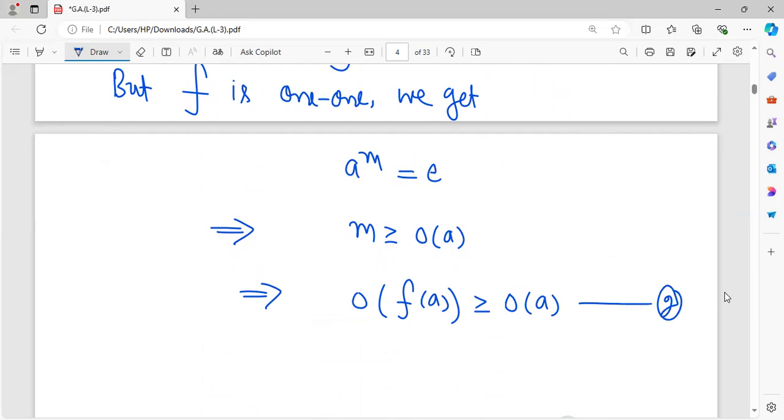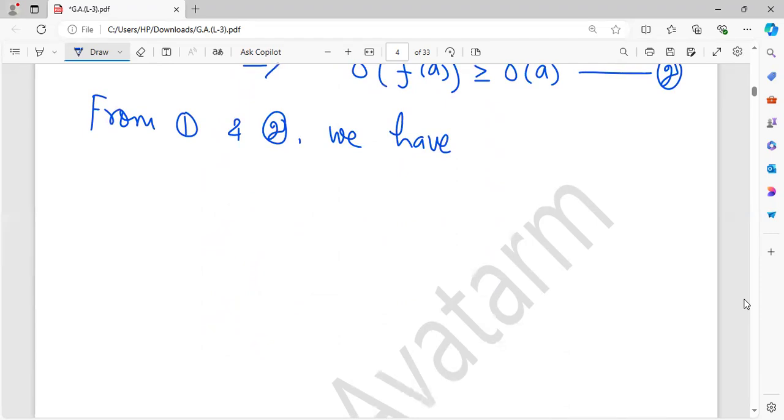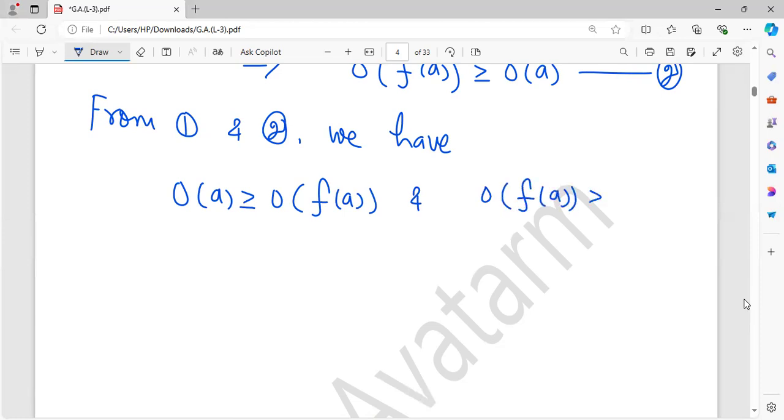So from 1 and 2, from 1 what do we have? The order of a is greater than or equal to the order of f(a). And by equation 2, the order of f(a) is greater than or equal to the order of a.